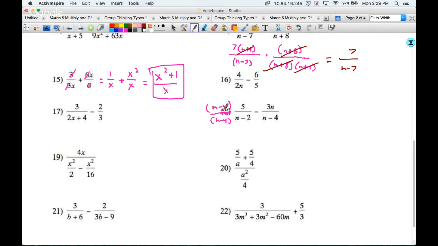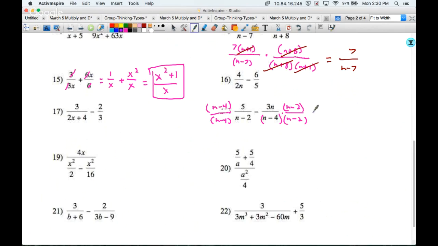Let me clear some of this out. And on the other side, I'll have to multiply by n minus 2 over n minus 2. Now the rule is you leave the denominator factored, but you simplify the top halves.